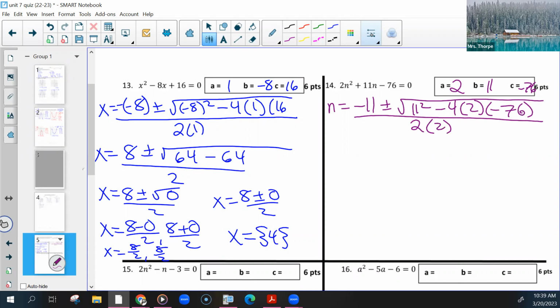Then start to simplify. -11 plus or minus 121 plus, I think that was 608, over 4.